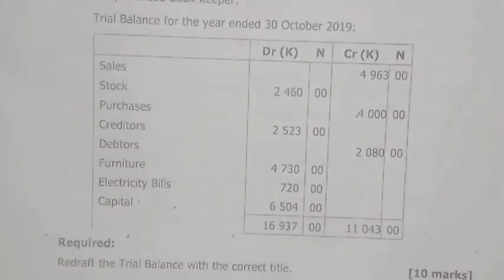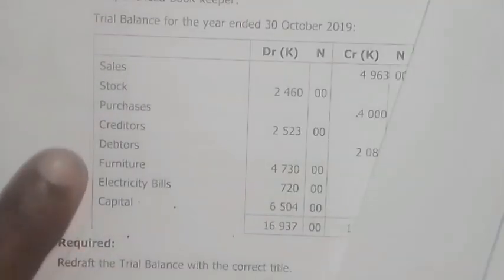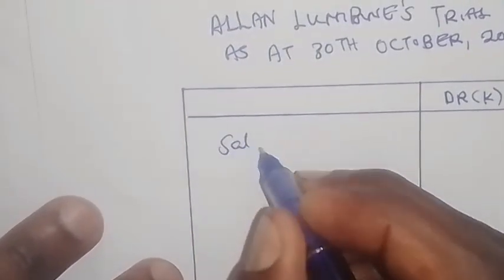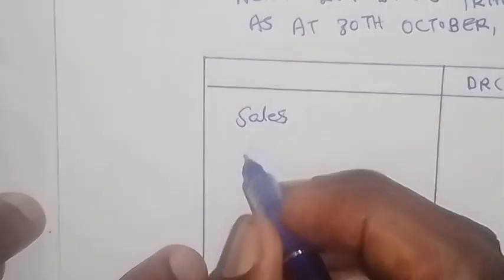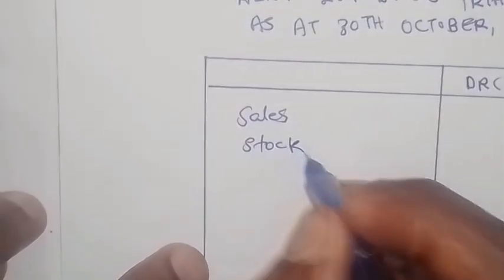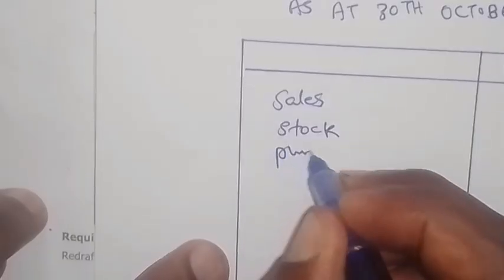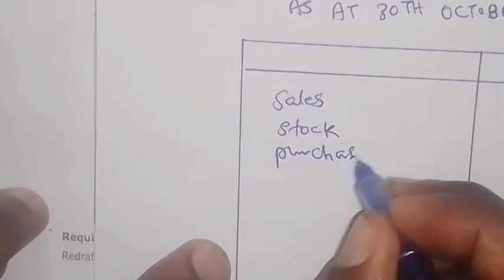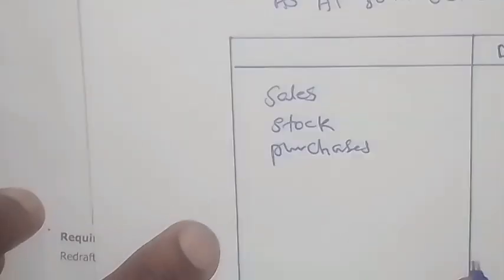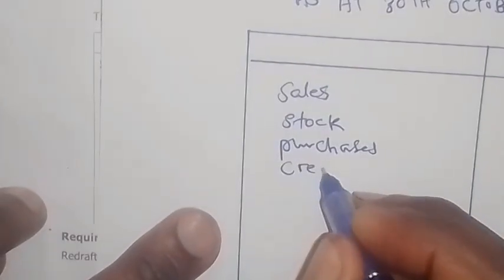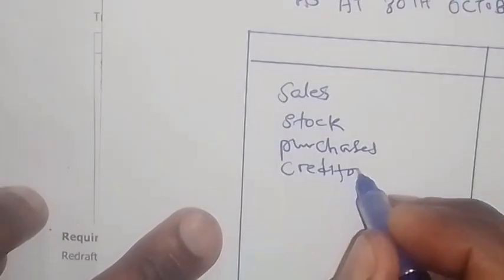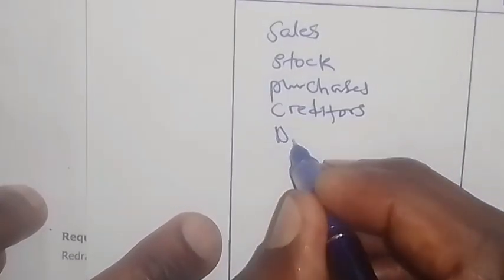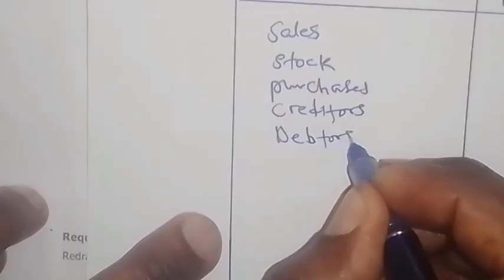So after that, let me just put in, we have sales, and then we have stock, and then we also have purchases, and then we also have creditors, and then you also have debtors.